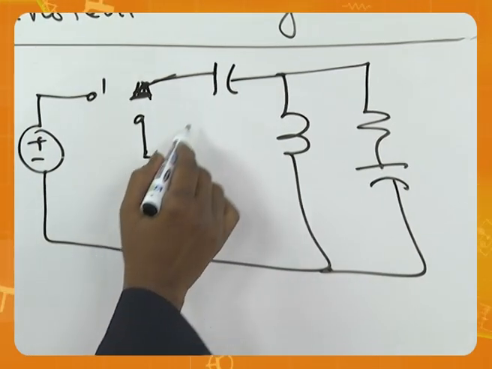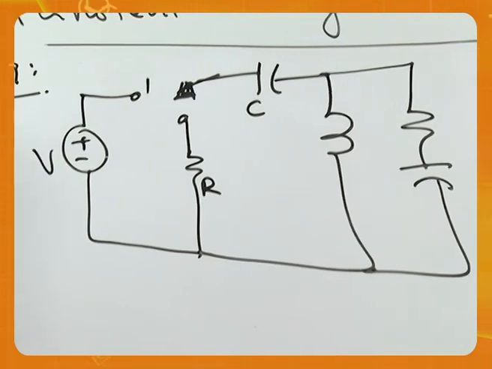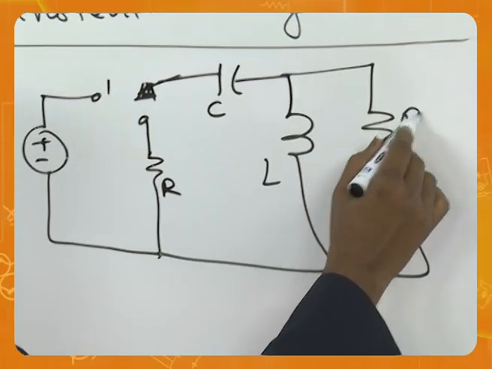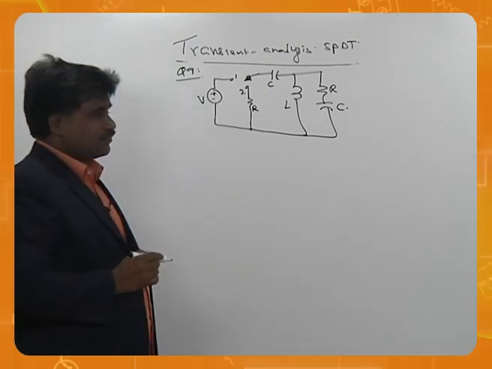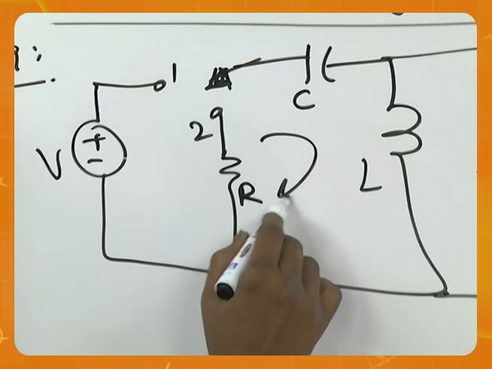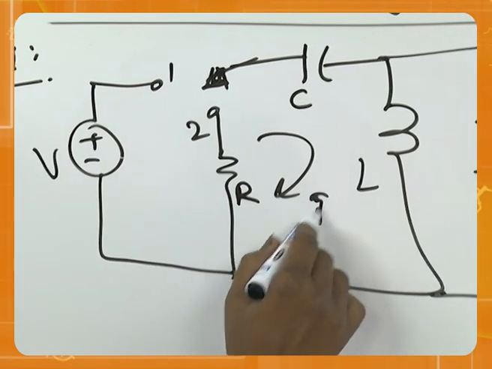This is R, C, L, R, C, 1 and 2. And he is asking for the current here. That is the question.